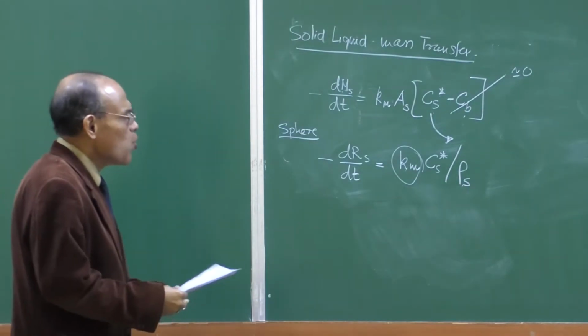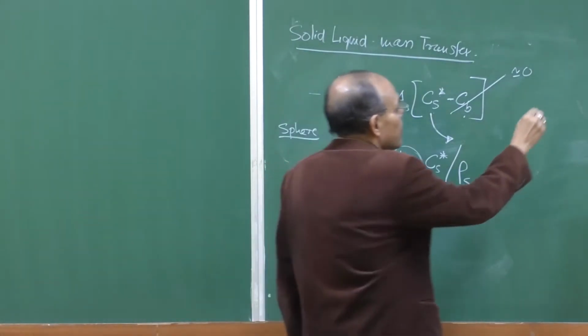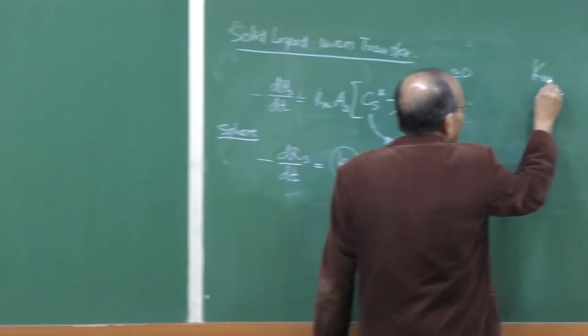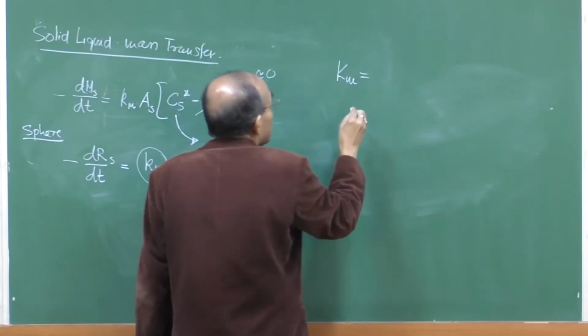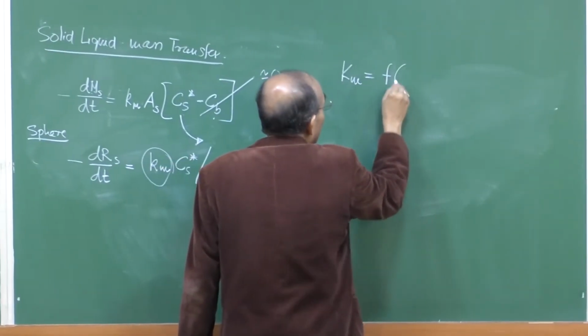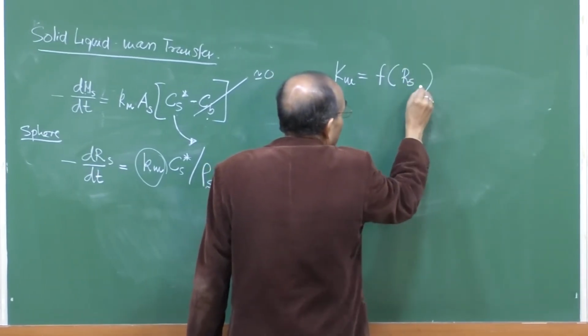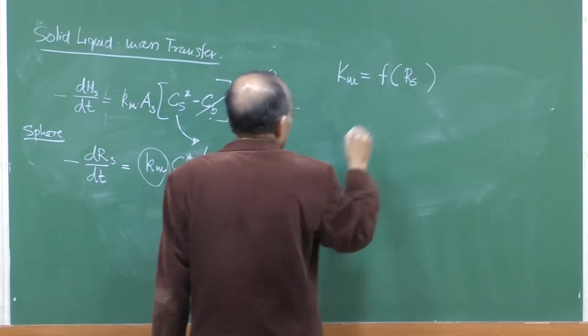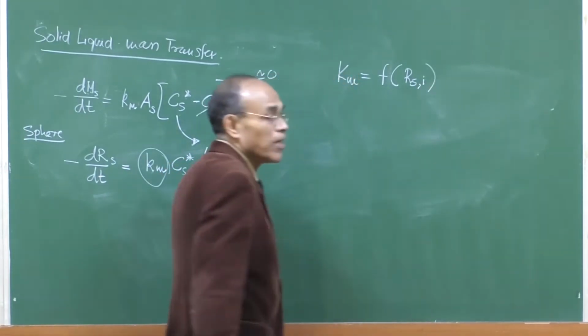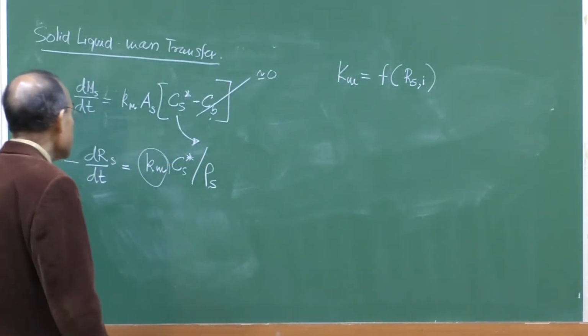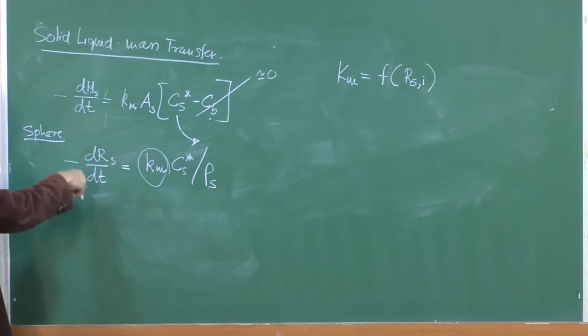Now, there are two possibilities here. Either Km is taken to be only a function of the initial radius of the sphere, Rs, which is initial, then Km is constant. So, the rate is going to be equal to a constant.